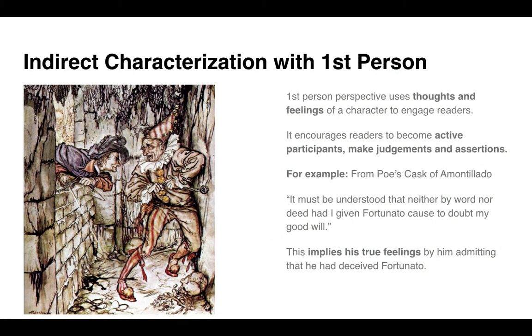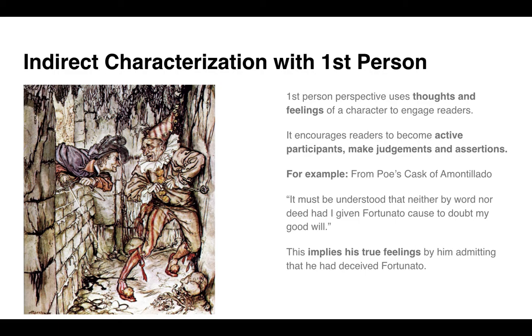Also, indirect characterization with first person is a little bit different because one of the characters is telling the story. So, for example, in Edgar Allan Poe's A Cask of Amontillado, it's told in first person, and so we're able to perceive their thoughts and their feelings as we read the story. And then it helps us as readers to become active participants, helps us to make judgments and make assertions or imply things.